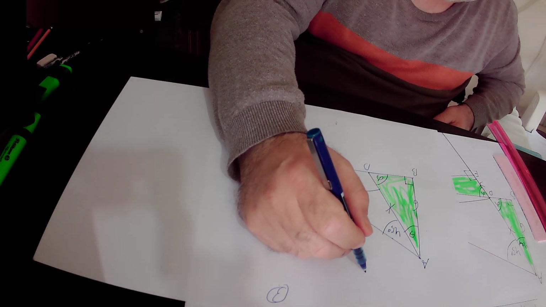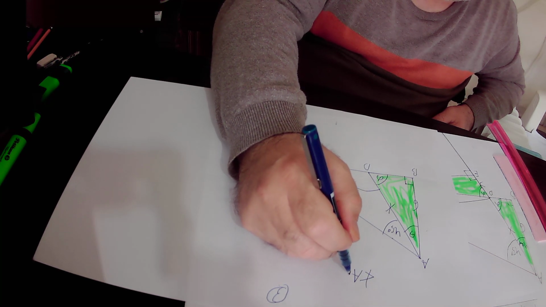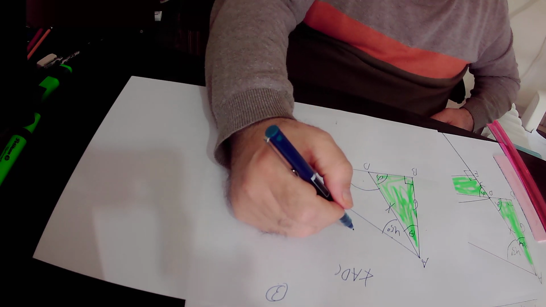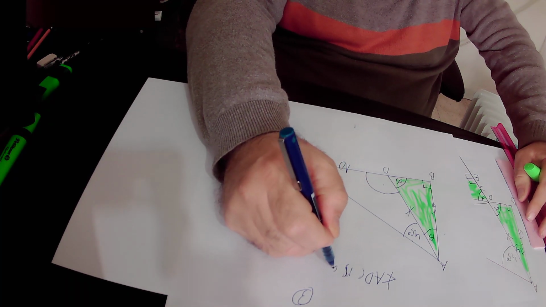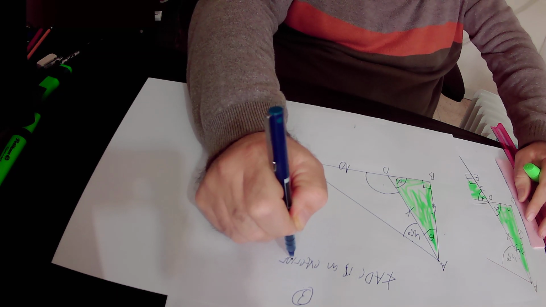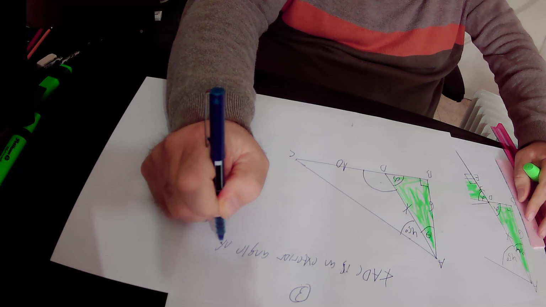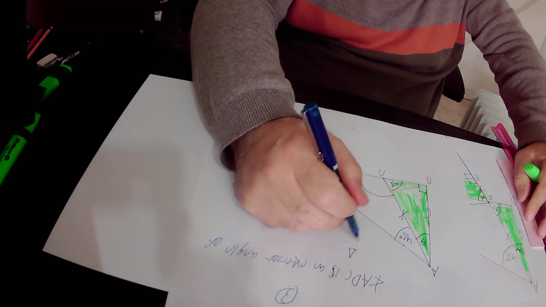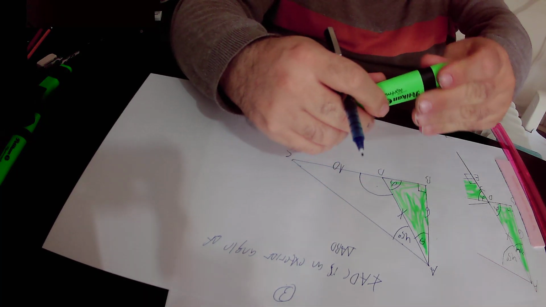Angle ADC, this angle, is defined as an exterior angle of the right triangle ABD, the right green triangle ABD. Okay?